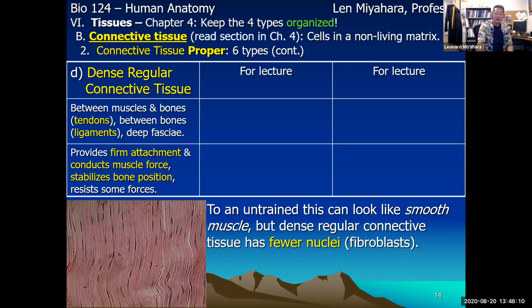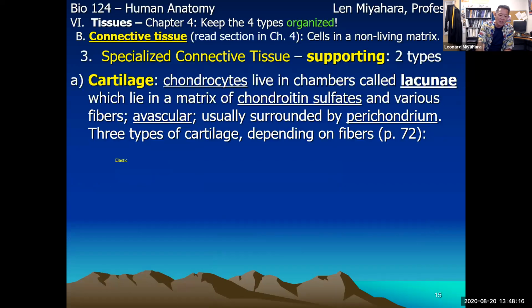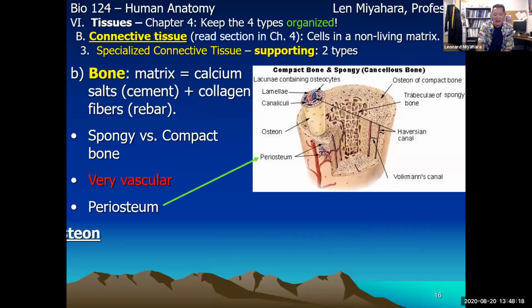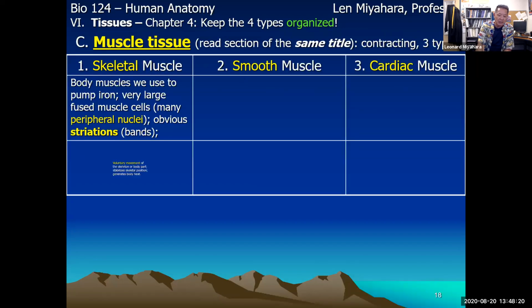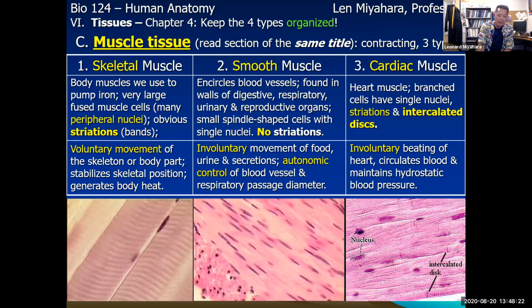Now look at this note on the bottom right. If you are not paying attention, you might think this is smooth muscle. The difference is smooth muscle lines are all muscle cells. Look at these parallel lines here at the bottom middle picture. But all these lines are cells.